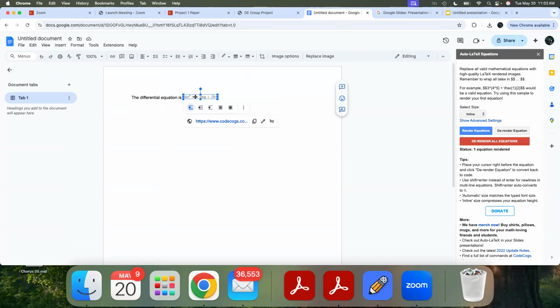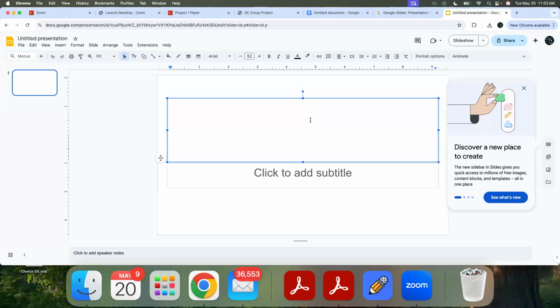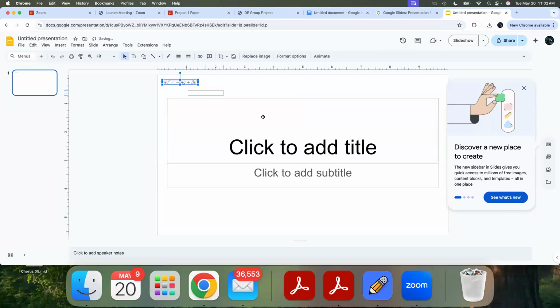So I can just highlight that, Control C over here, Control V, boom, I'm done. Now I can move it where I want it, resize it. I got my math in here. So that's what I recommend. Type up all your math over in Google Docs and just copy over the part you want to present.